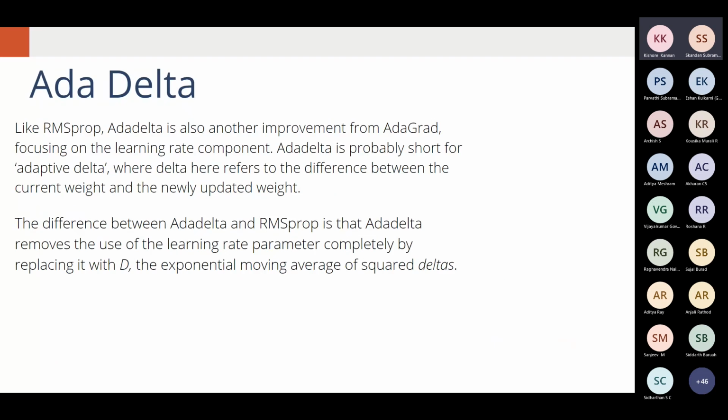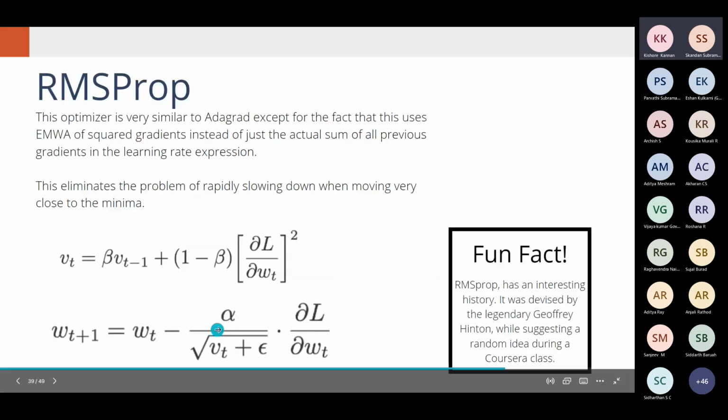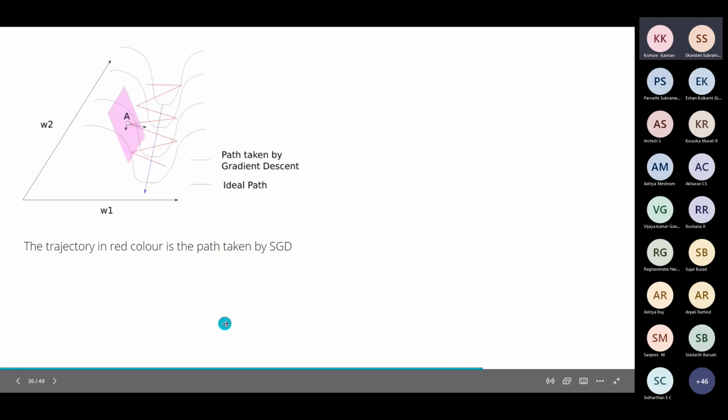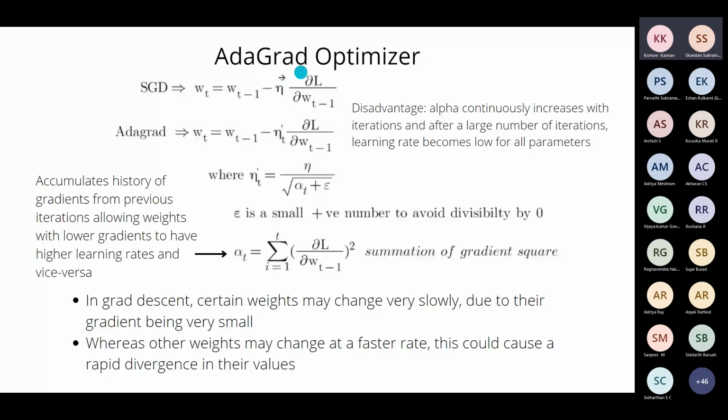And next we have Adadelta, which is another improvement on Adagrad, with only a slight difference from RMS prop and Adagrad again. In RMS prop and Adagrad, we have one parameter which is alpha, and even in Adagrad we have this eta parameter.